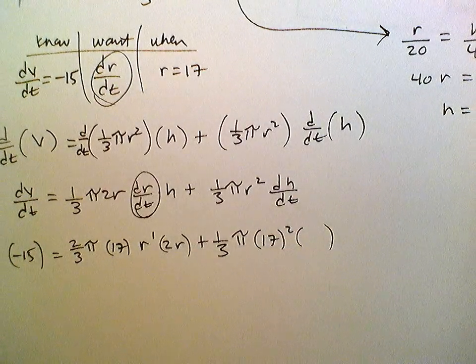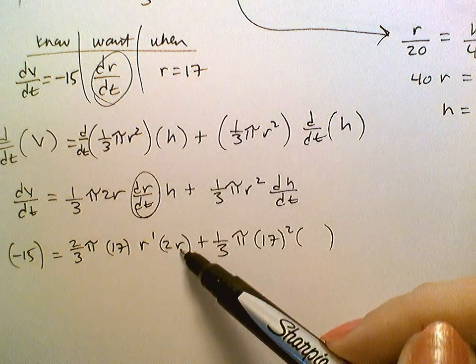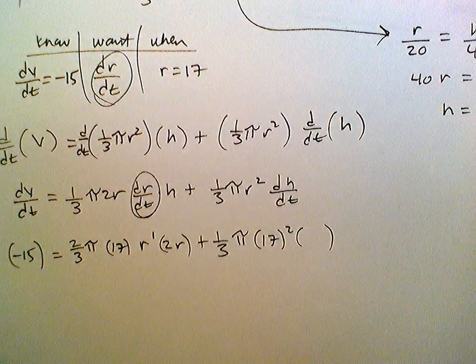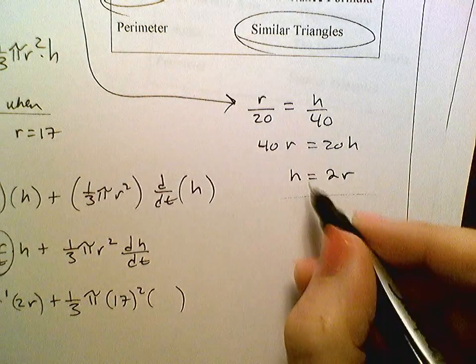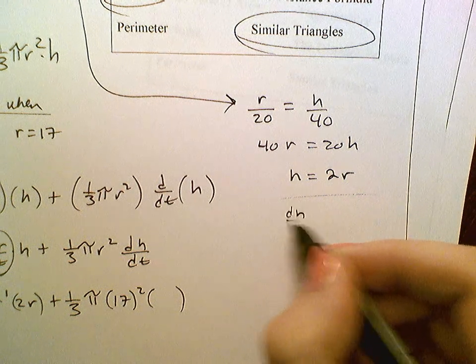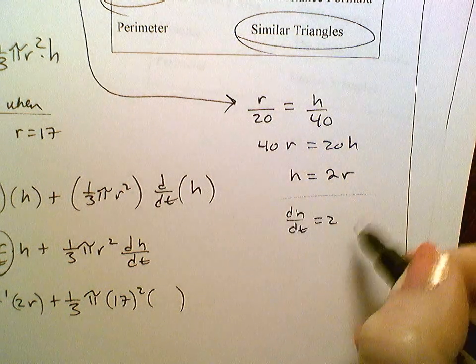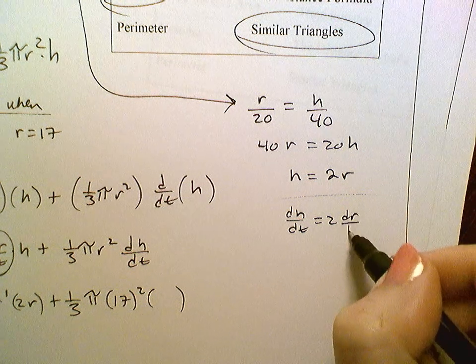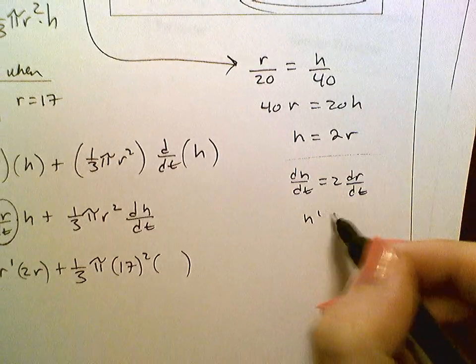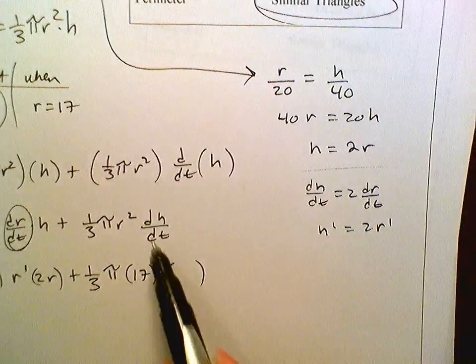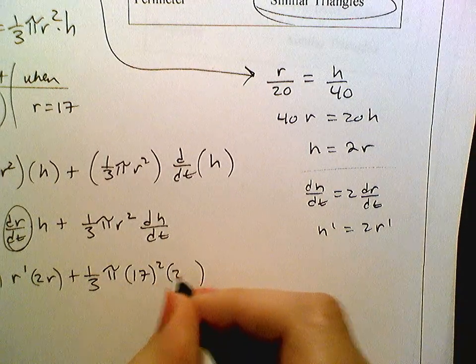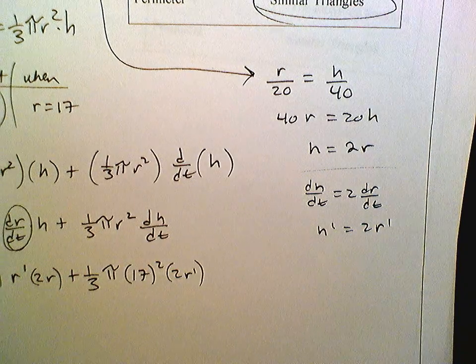And good thing we know what r is, so we're going to end up putting 17 in there later and getting a number. But then dh/dt, we still don't know, so we could do the derivative here and get dh/dt equals 2 dr/dt. So h prime equals 2r prime. So in for h prime, I put 2r prime.